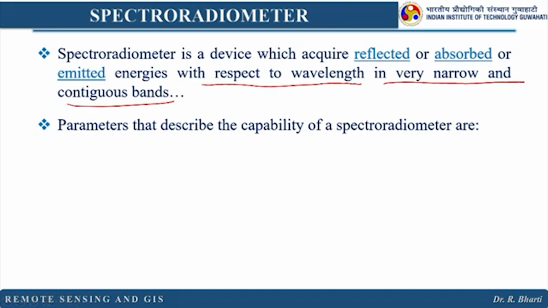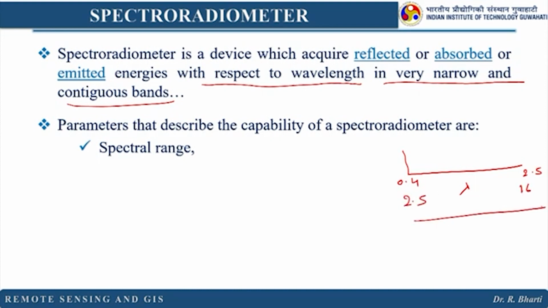The parameters that describe the capability of spectroradiometers start with spectral range. Let us understand this. What do we mean by spectral range? Whether my instrument is sensitive between 0.4 to 2.5 micrometer, or 2.5 to 16 micrometer, or in any other wavelength range.